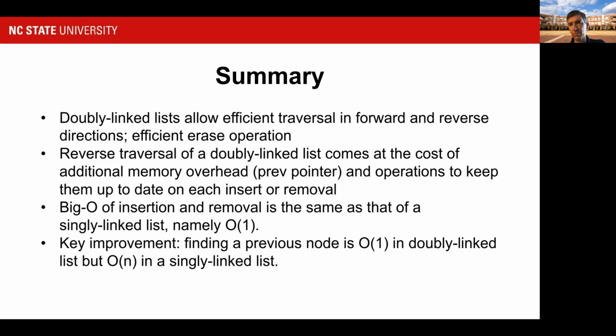However, the key improvement we get is that finding a previous node in a doubly linked list is now O(1), whereas in a singly linked list, finding a previous node would have required you to go back to the beginning of the list and search back through to find it, which would have been O(N). So that would have been a lot more expensive. So the doubly linked list is a nice improvement if that's an operation that you really need on your list.